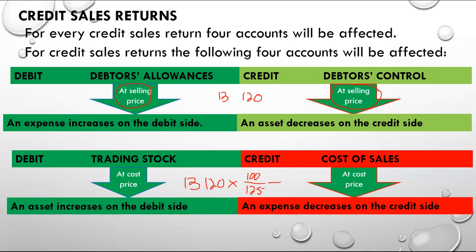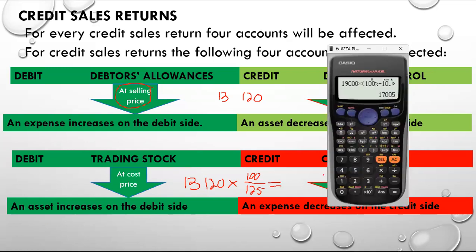How much will this give us? 13,125 multiplied by 100, divided by 125. It'll give us 10,500.